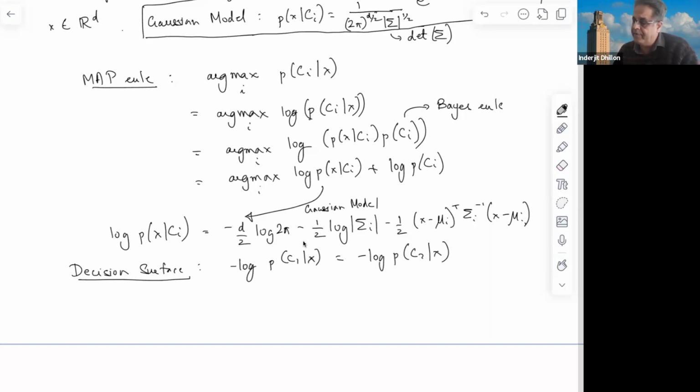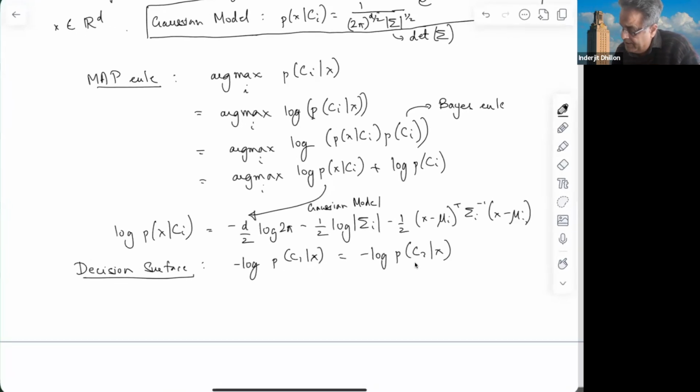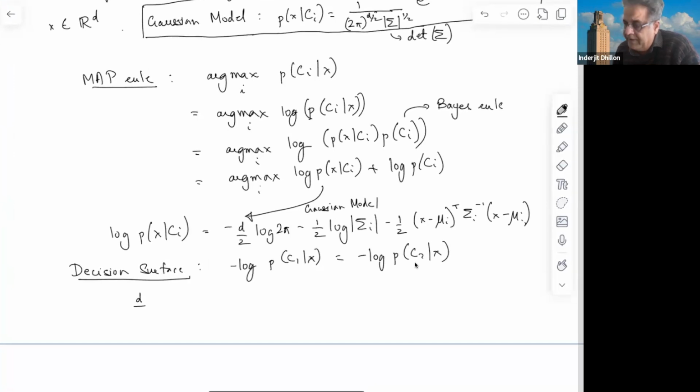Okay, I'm just taking the logarithm, right? And if I take the logs to be equal, what do I get? I'm taking the negative of this quantity, right? But now I have C1 on the left side, C2 on the right side. I'll get, and this is now the decision surface, d by 2 log 2 pi plus 1/2 log determinant of sigma 1 plus 1/2 x minus mu 1 transpose sigma 1 inverse x minus mu 1, right?